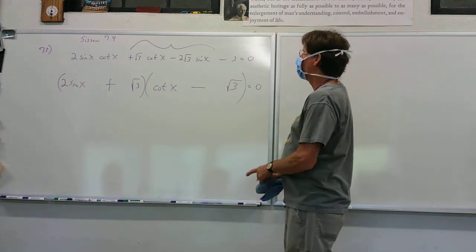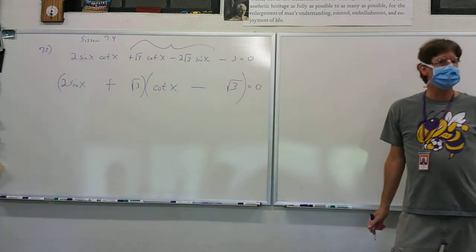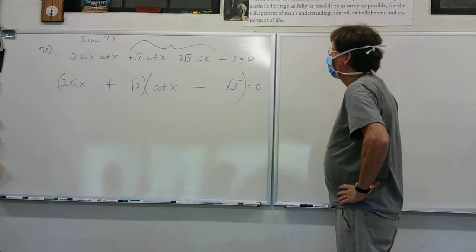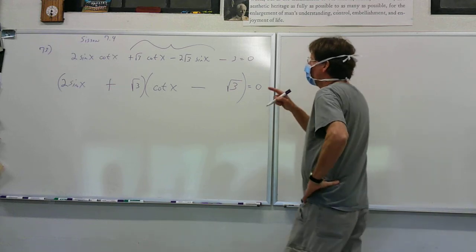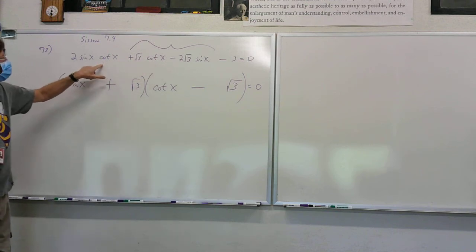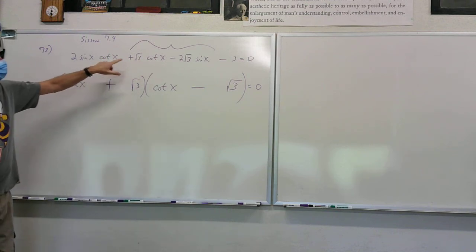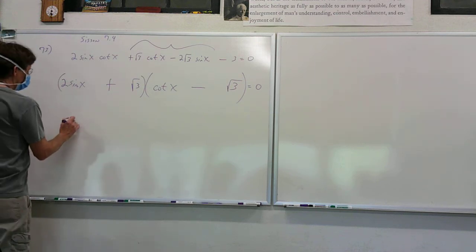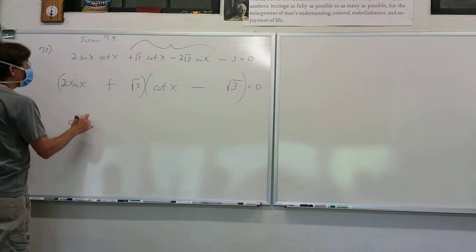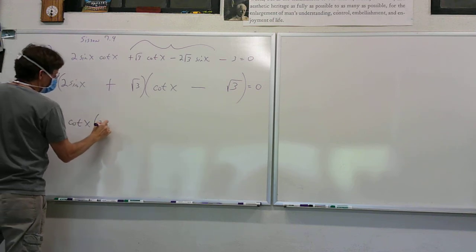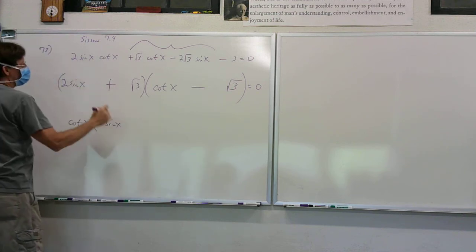Y'all remember this thing called factor by grouping? If you factor cotangent x out of both of these, is everybody okay? I'm going to factor cotangent x out of both of those. I would get cotangent x, and then I would get 2 sine x plus square root of 3.